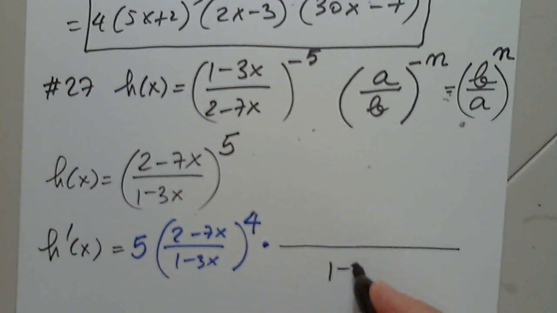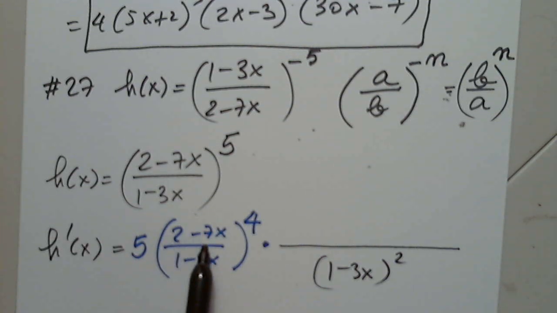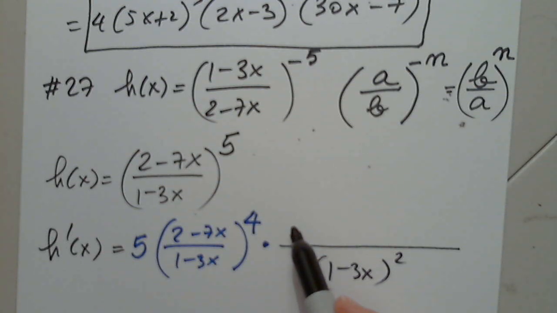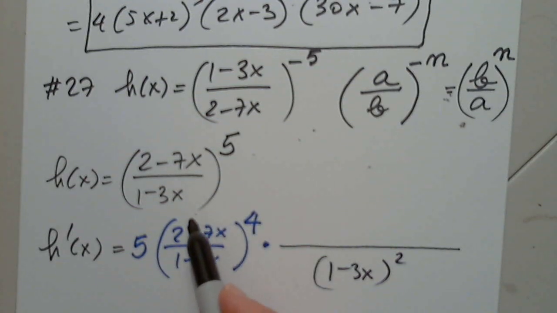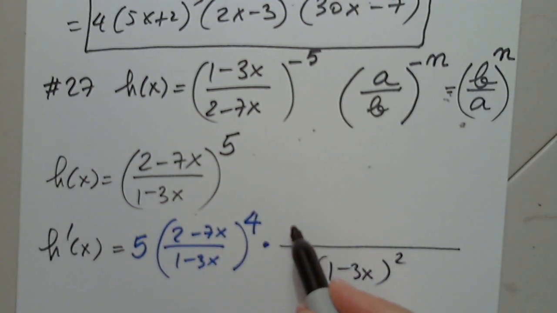I square the denominator. Can anyone give us the derivative of the numerator so I can put it here? My marker is drying out.